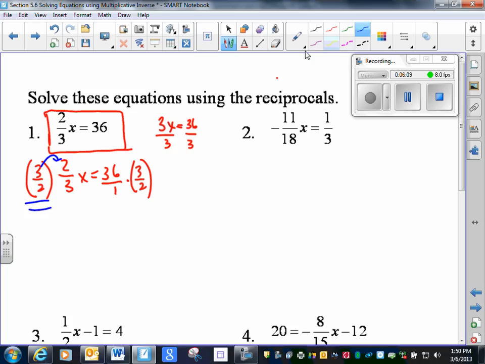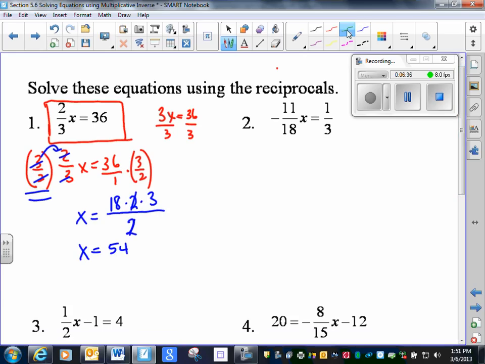When you multiply, you can see your 2's cancel, your 3's cancel, and you're left with x alone on that side, which of course is what we're looking for. Over here, we have multiplication of two fractions. We can think of a single fraction bar. 36 is 18 times 2, times 3, 2 on the bottom. The 2's will cancel nicely, and x is equal to 54.